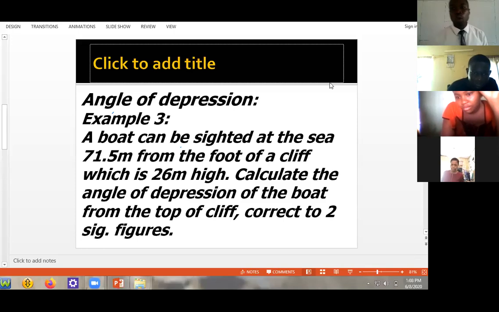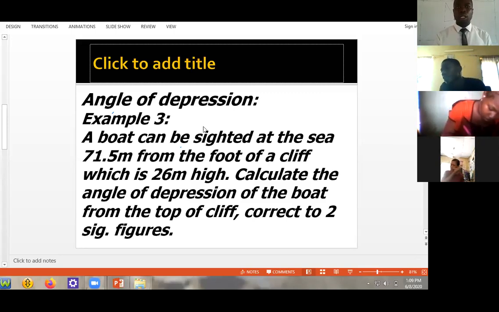So let's go. The height of the cliff is 26 meters. Then the distance between the boat and the cliff is 71.5 meters, and the angle is theta. So are you done with your diagram?